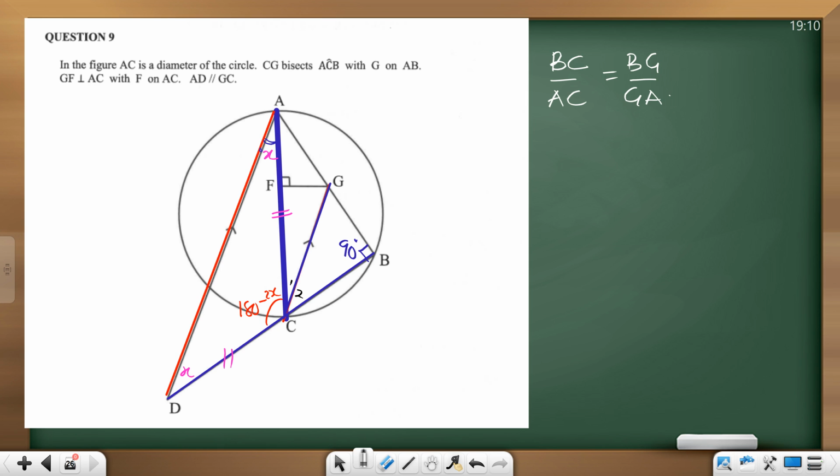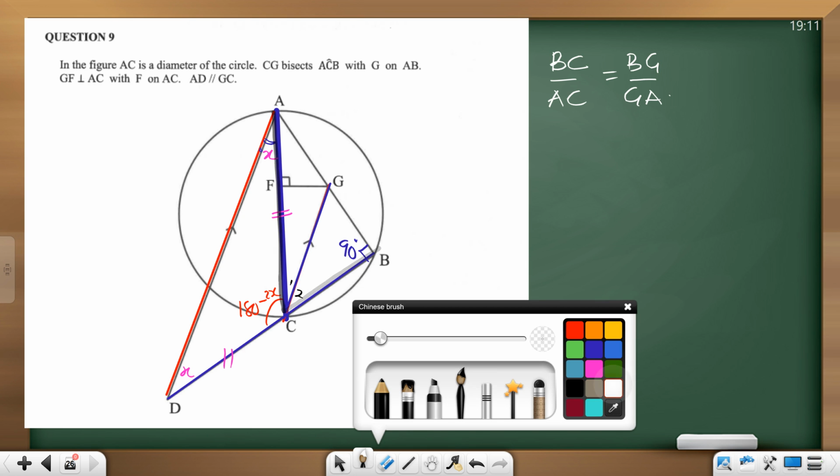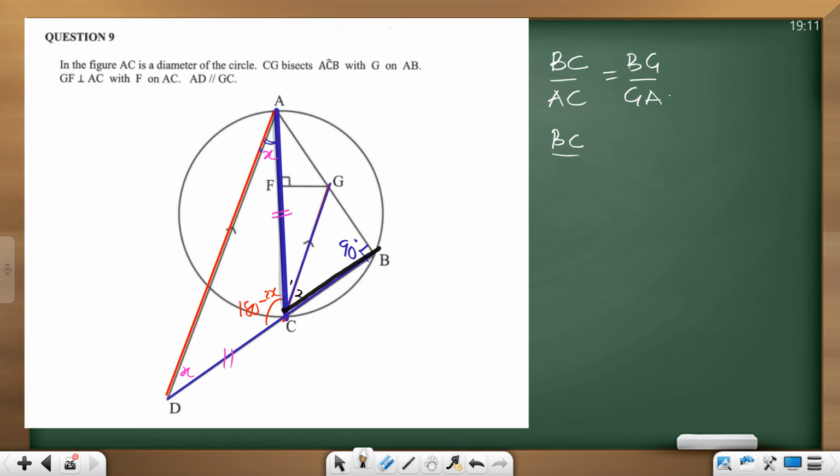Look, let me give you a quick idea here. I made a symbol here to tell you that this and this are equal. When you see a question like this, quickly find, do you notice they said BC over AC? They could have actually written it like this. BC, what is AC equal to?